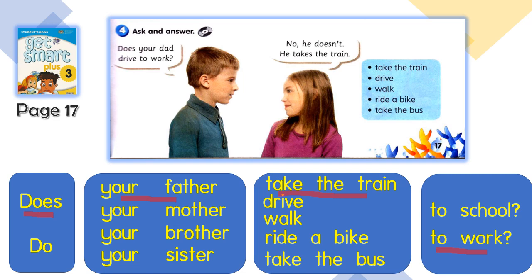The answer can be yes. Your partner might say yes, she or he. He, because your father, he, right? So, yes, he does. Or maybe if he doesn't take the train, your partner will say, no, he doesn't.